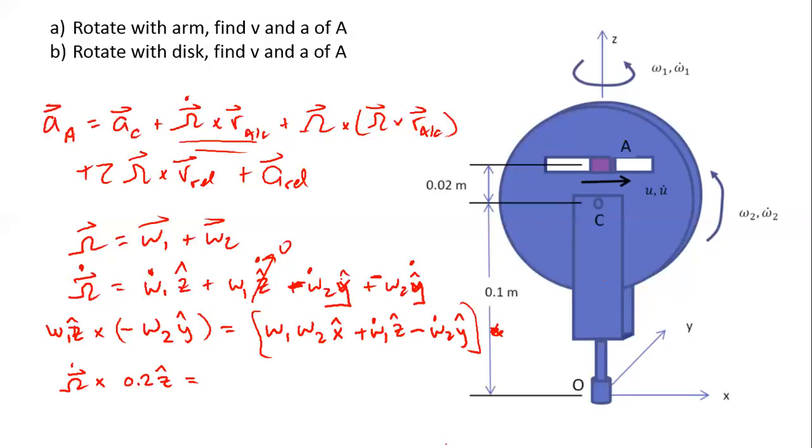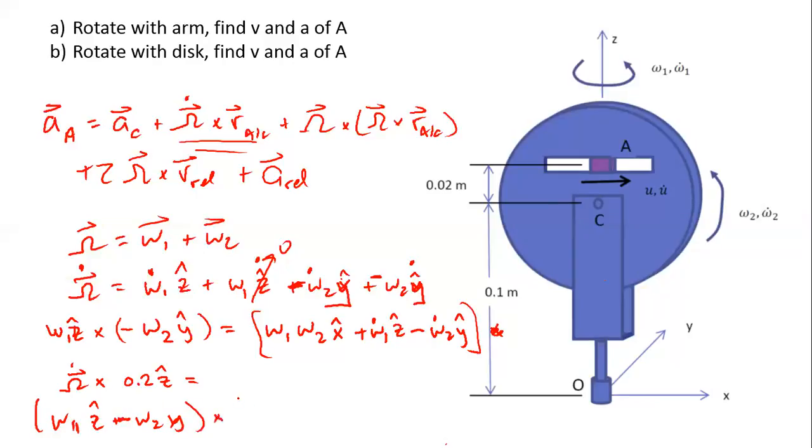Okay, yeah, because we've got two terms in there, right? So we're going to have our omega 1 in the z, right, plus omega 2 in the, yeah, you're right, sorry. Omega 2 in the y, it's going to be a minus, right?